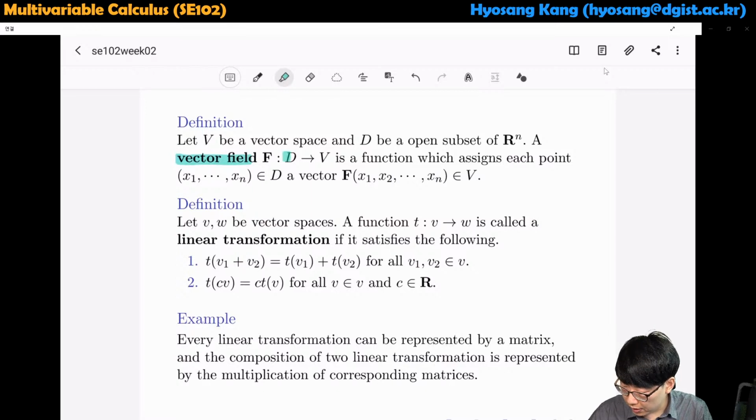So the domain is the subset of Rn. Rn is just the space of points, and V is a vector space. So this F can be written as x to V, where x is a point and V is a vector.